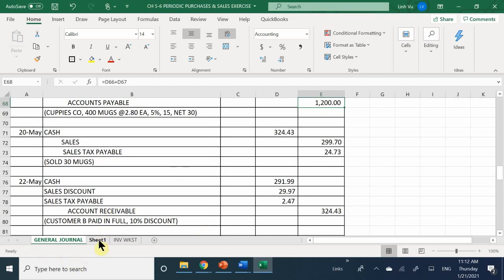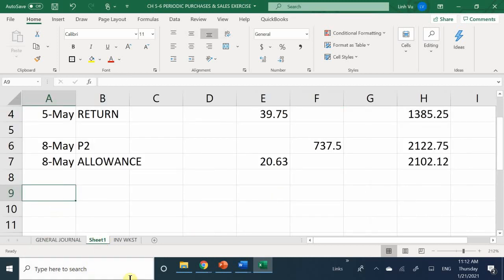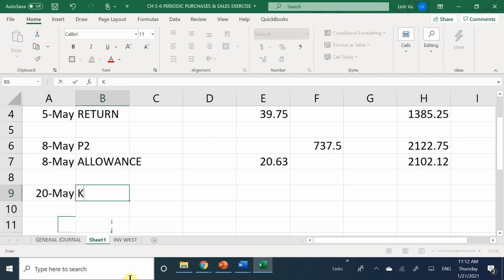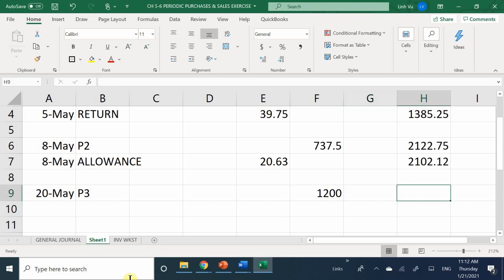So I have to add this additional for May 20th, that I made purchase number 3, for the grand total of $1,200. So therefore, the total amount that I owe this company is going to be $3,302.12.